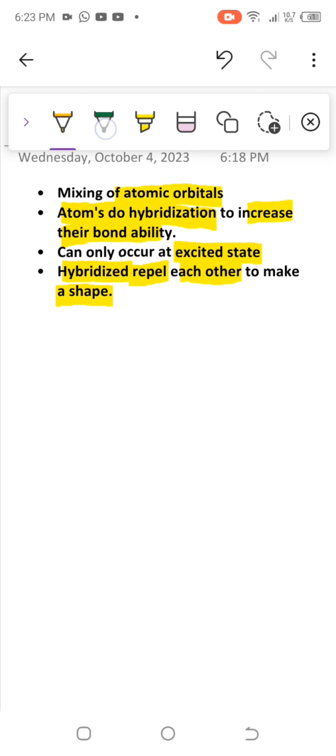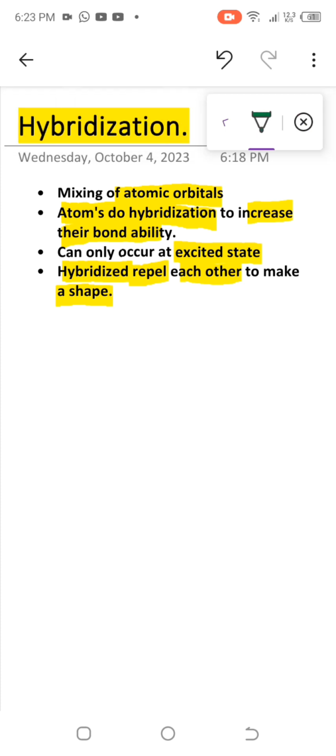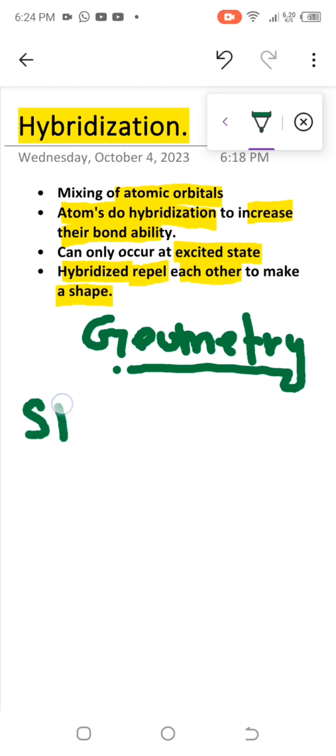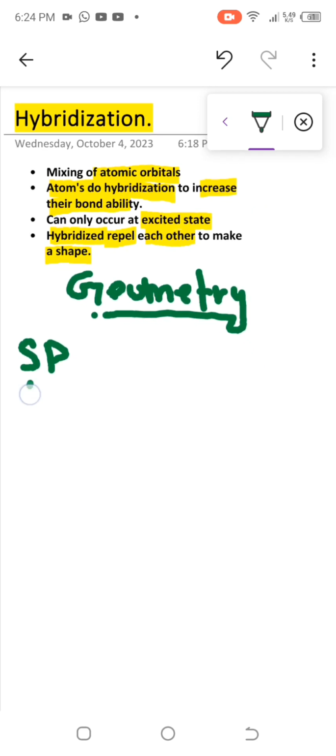Okay. So here first of all we have the geometrical orbits. First of all we're going to discuss the geometry. So for that first of all we have sp, and here, as you can see, the s orbital has ratio 1 and the p orbital has ratio 1.